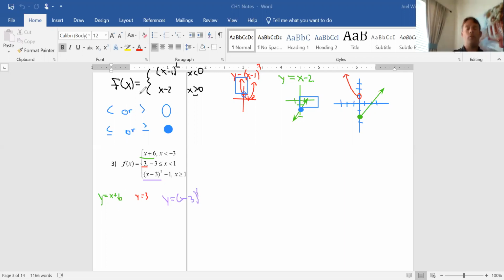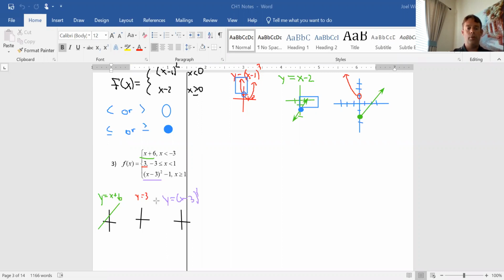So for this, if we're dealing with the graph, let me just make a real quick outline of what these graphs are going to look like, so that way we know when we put the pieces together what we're actually seeing here. When I do the line y equals x plus 6, that's going to be looking like up here.